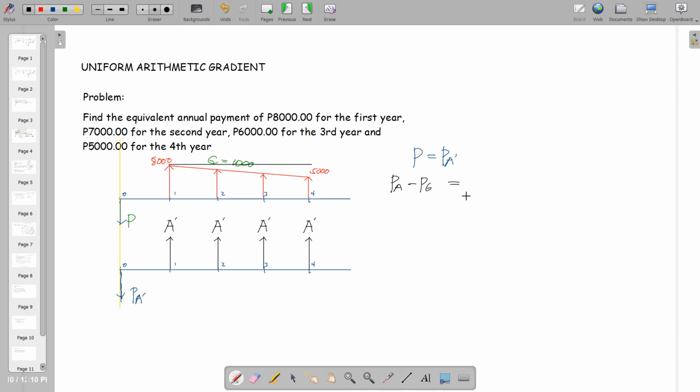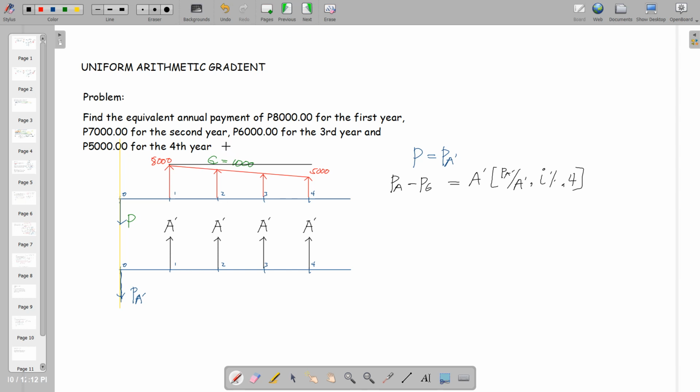So the second cash flow diagram, we can write this as the unknown A prime times finding P given A at I% at 4 periods. So basically, we need an I% equivalent here in the problem.